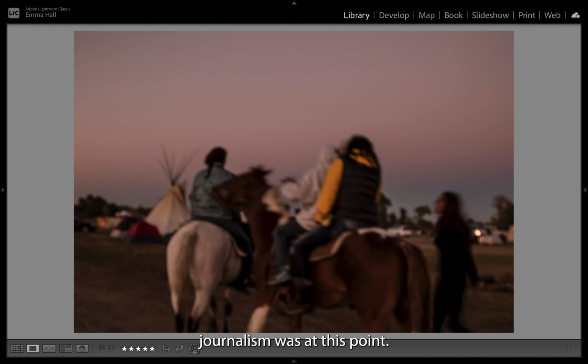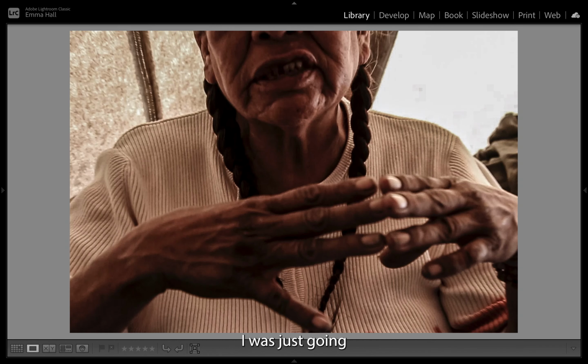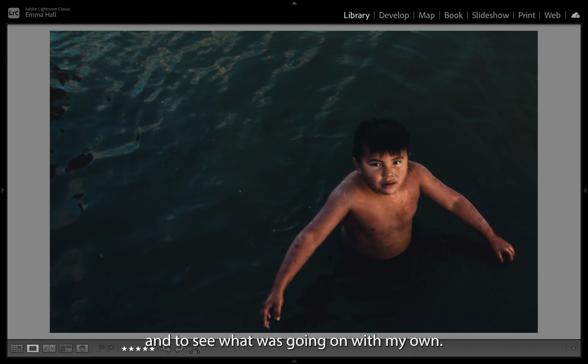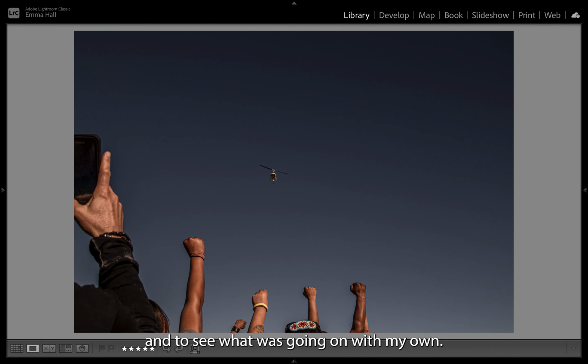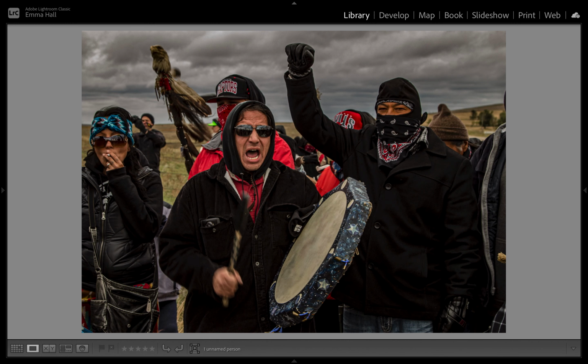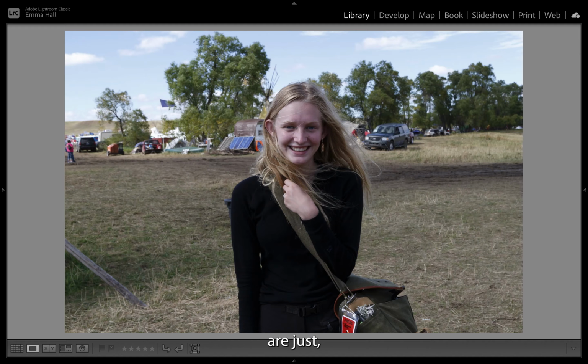I didn't even know what photojournalism was at this point. I was just going because I thought it was interesting to photograph and to see what was going on with my own two eyes.